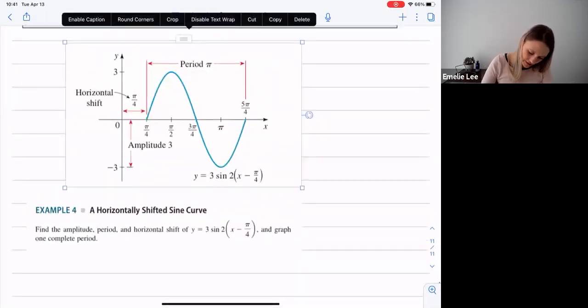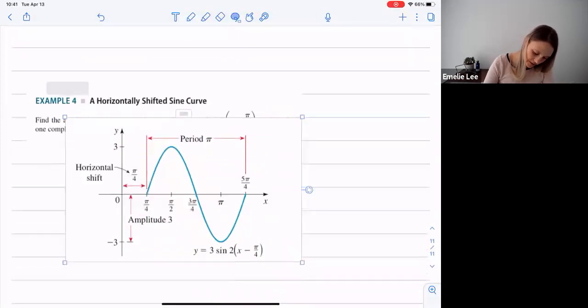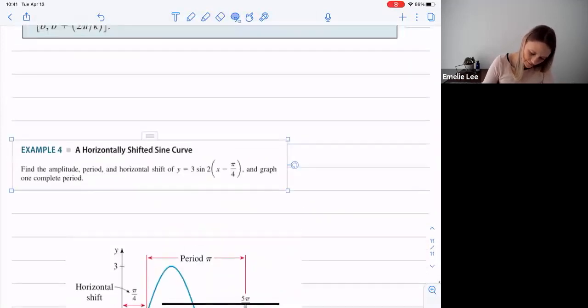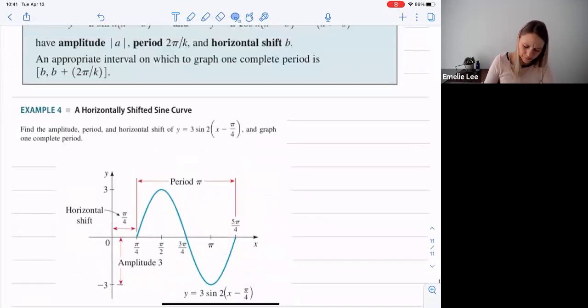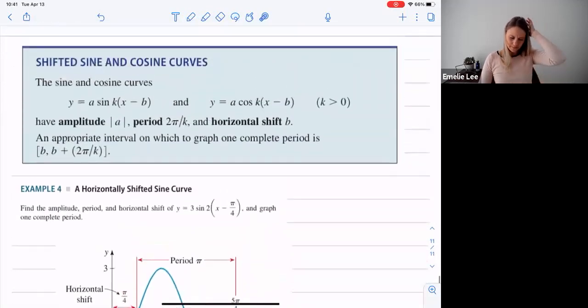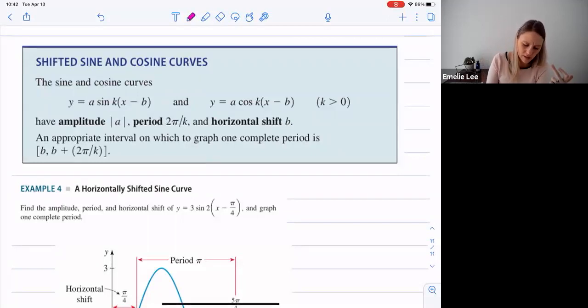So here, I'll put these in order because this graph is actually having to do with this question. You will have to find the amplitude, the period, and the horizontal shift if I give you some equation. Okay.